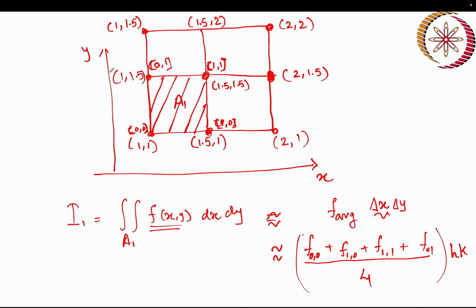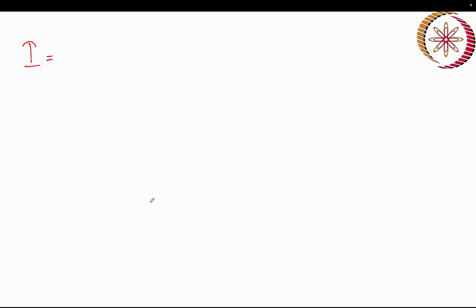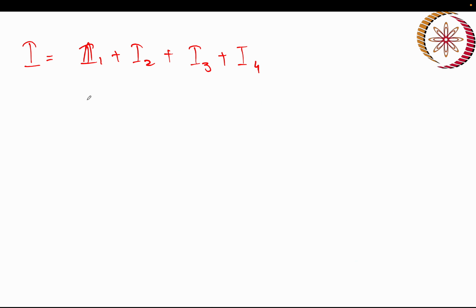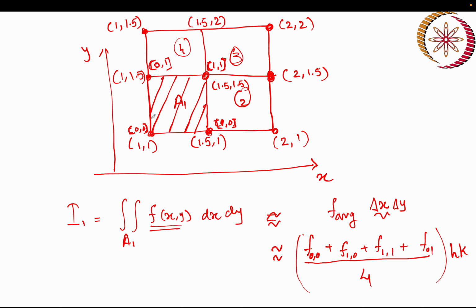So if we write for our case the integration, it is I1 plus I2 plus I3 plus I4, where this is first, second, third, and this is the fourth region, and over these are the integrals.